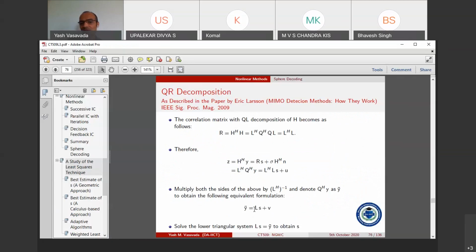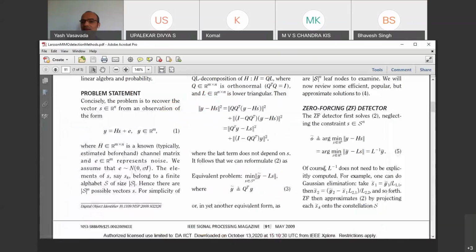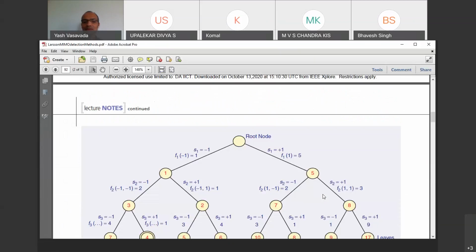We get Y tilde is equal to L times S plus V. Then to get S, we will just do L inverse Y tilde. So that is going to be our decorrelating detector. Except that he says that L inverse doesn't need to be explicitly computed because we can do back substitution or Gaussian elimination. Okay, so this is again same as what we have examined.